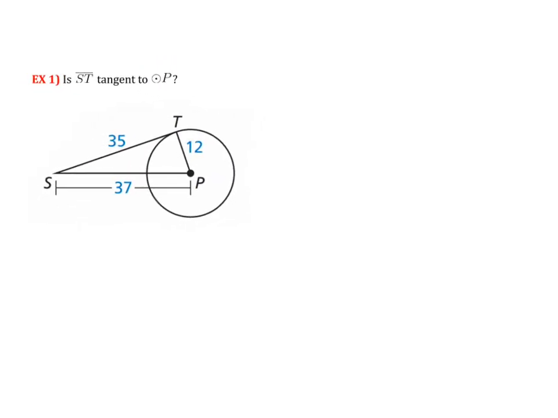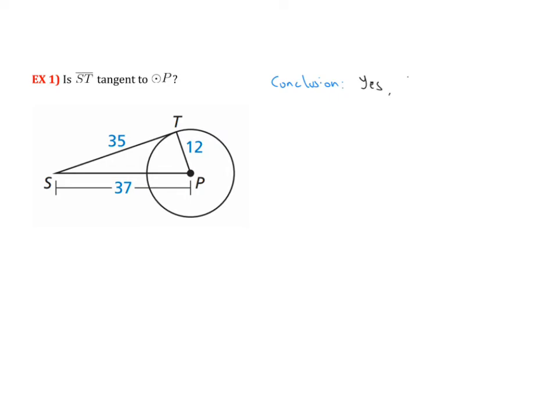All right, so in our example here, here's the question. It's asking us, is segment ST tangent to circle P? So this is what I was talking about earlier. We don't know if segment ST is tangent to the circle or not. We have to be able to prove this. So, first thing, our conclusion, or what we're trying to find out, is two different choices.